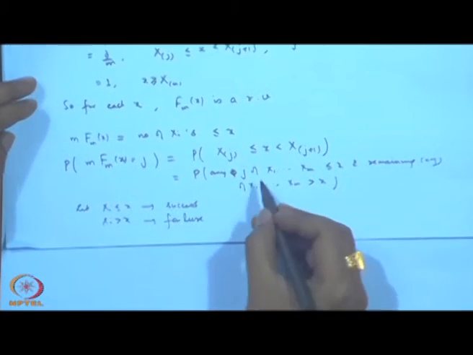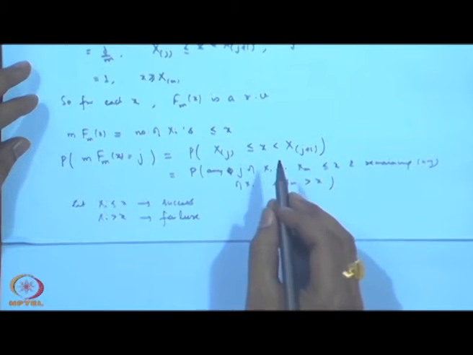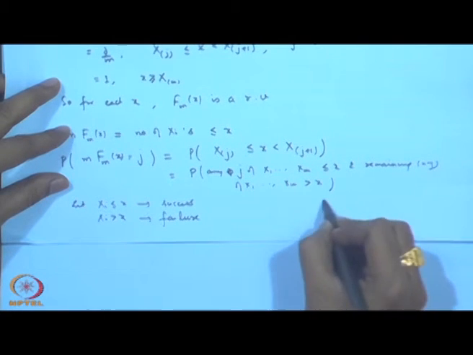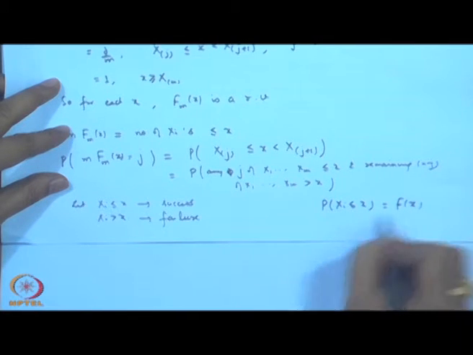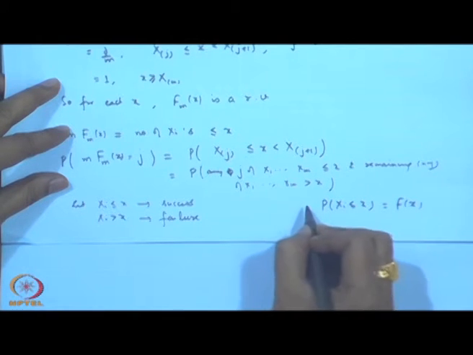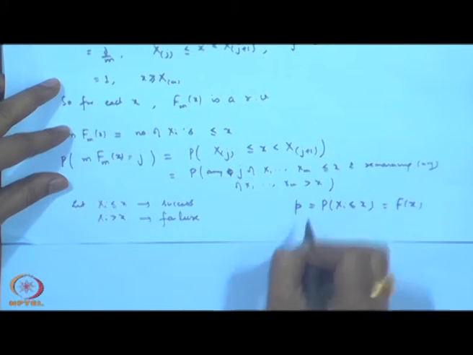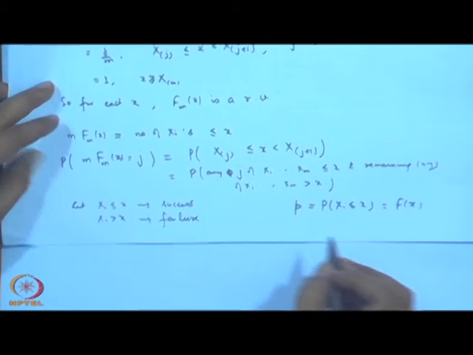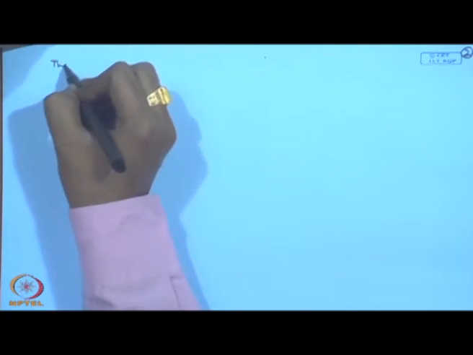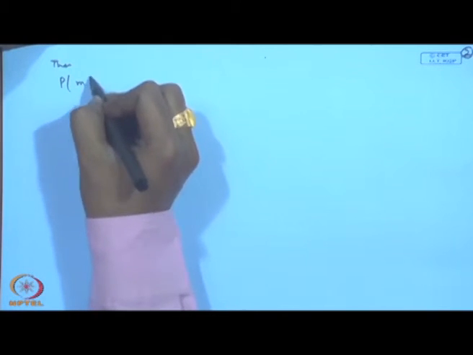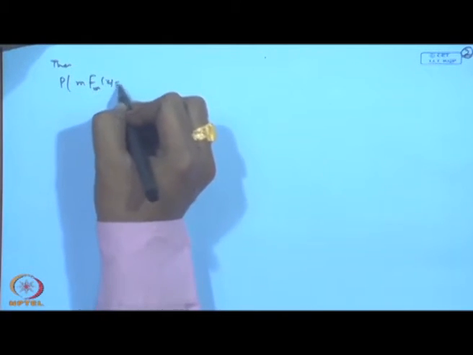Then basically what we are saying is that, because these are IID, this is the actual CDF here. Suppose I call it p, then this is equal to simply the probability of m Fm(x) equal to j.